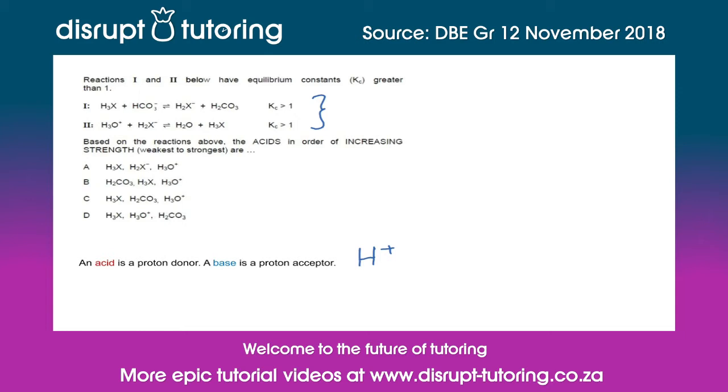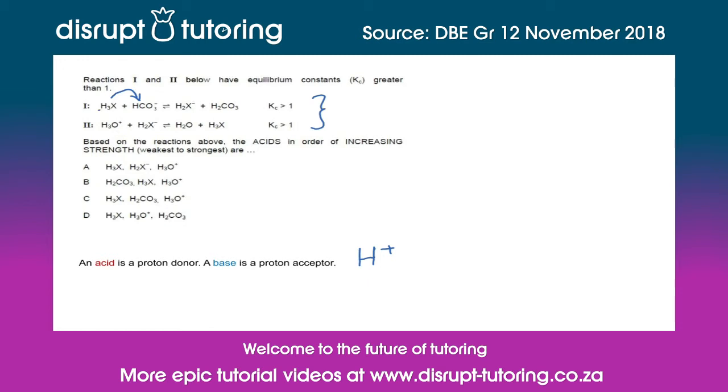So let's look at the equations we have and our options. In the first one, H3X reacts with hydrogen carbonate to produce H2X- and carbonic acid. The H3X becoming H2X- means that it donates a proton to the hydrogen carbonate, and the hydrogen carbonate accepts the proton and forms its conjugate acid, carbonic acid.